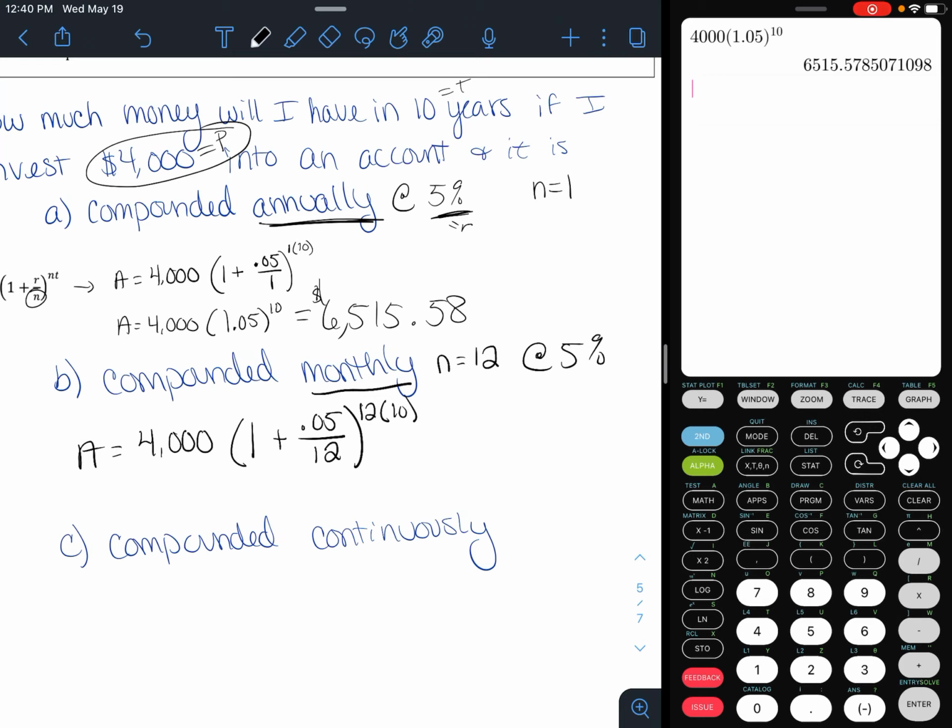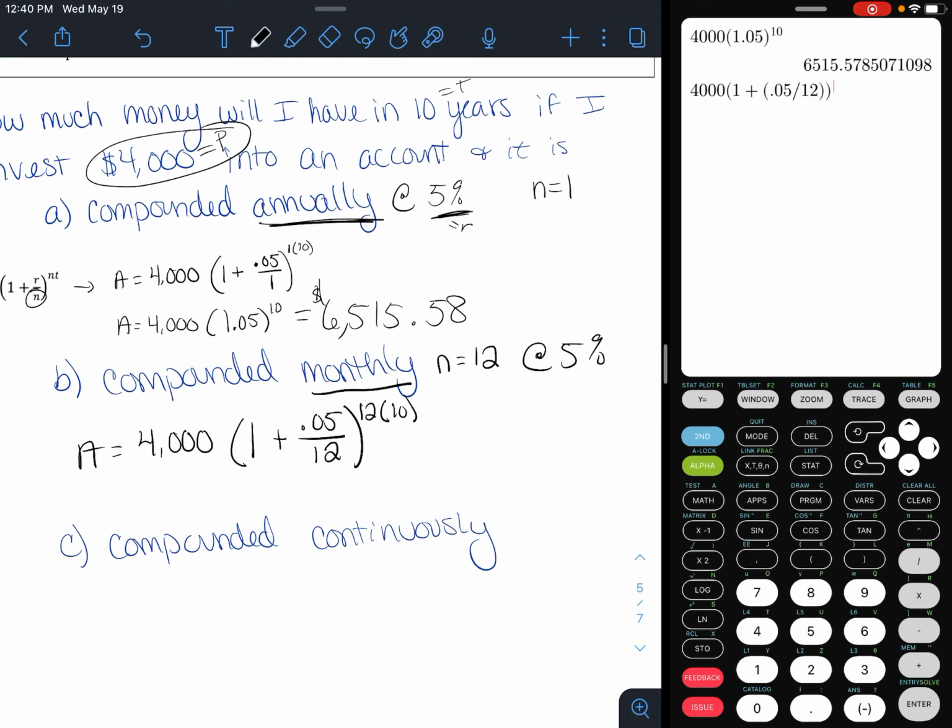And then again, let's put this all into our calculator. So 4,000 times 1 plus, and I want this as exact as possible, so I can leave that fraction there. So parentheses 0.05 divided by 12. Just make sure you're using lots of parentheses.